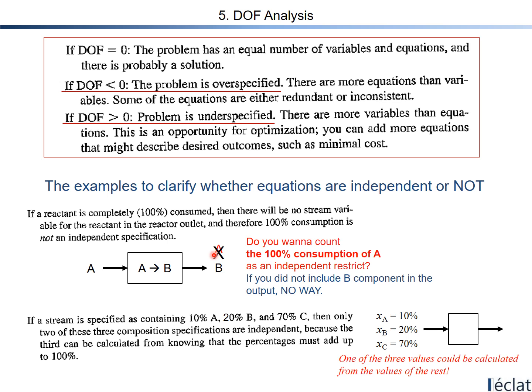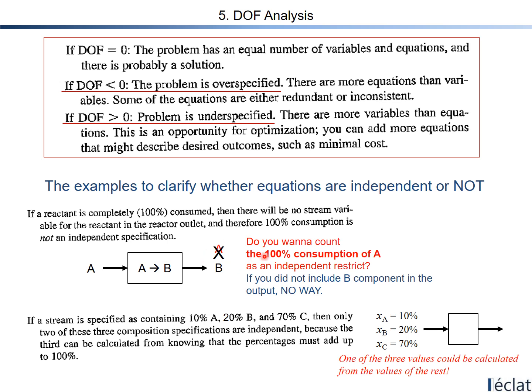So in most cases, we should have the reactant in the product line. However, in this problem, the statement is saying that the reactant A is completely consumed. So in that case, we can write it this way without A in the output stream.